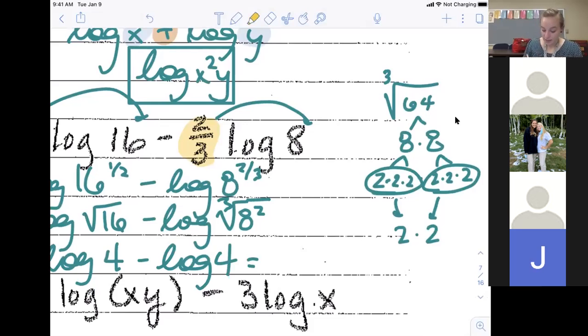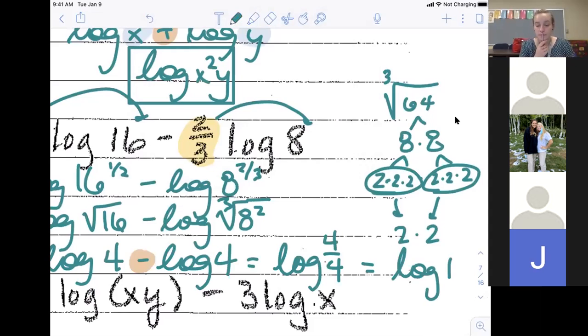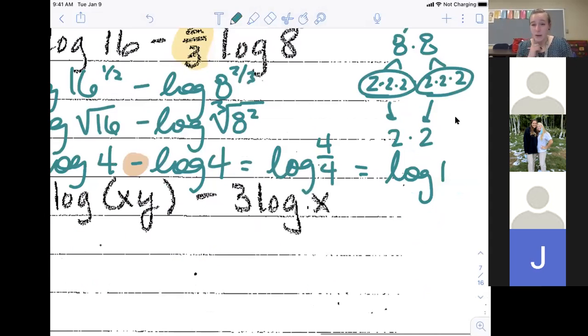Now, because we're condensing it down, I've got this negative, which I know is going to be combined as a divide. So I have log of 4 over 4. And that's the same thing as log of 1. I'm going to go one step further.